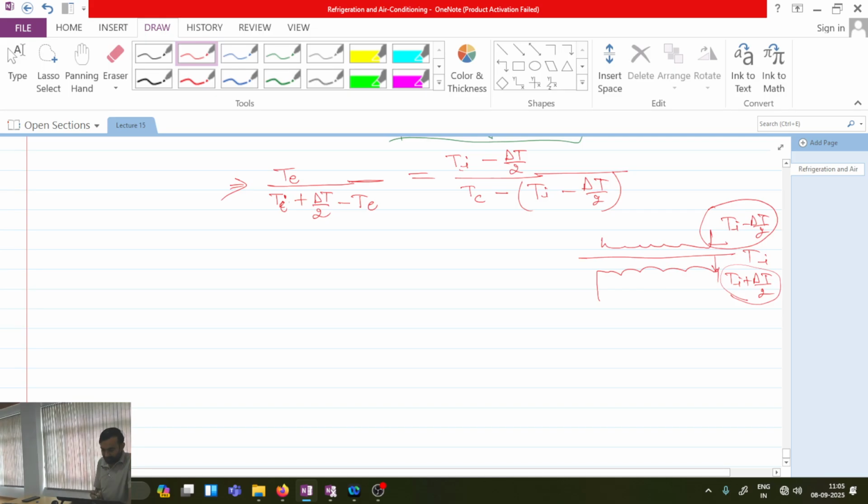So evaporator divided by condenser minus evaporator. Okay, from this we will be getting that Ti is equal to the square root of, you can solve it mathematically, I am giving you now the final result, delta T square by 8 into the square root of Te into Tc.